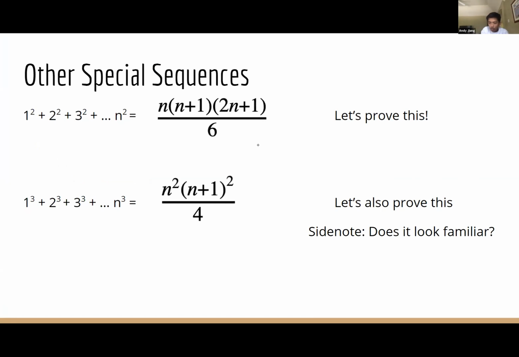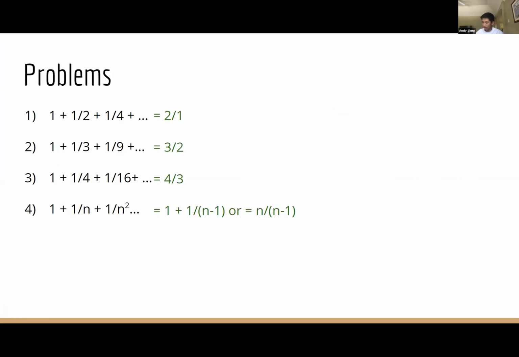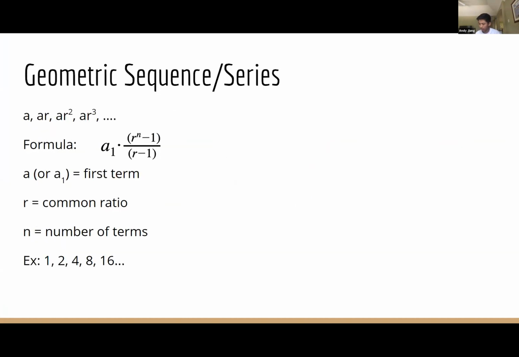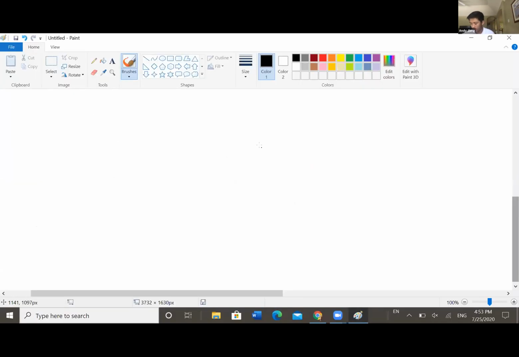I saw one question was that the formula for geometric sequences doesn't work. Can you explain that again? Okay, so this was the formula for geometric sequences. And the proof for that, if you recall, was S equals A plus AR and so on.